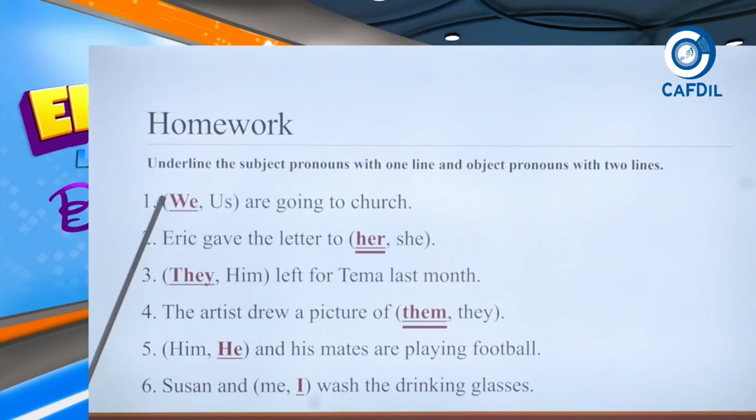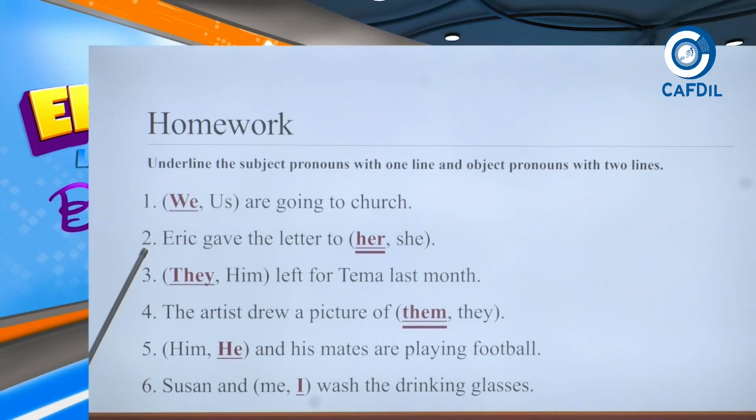Number 1: in the bracket we have we, us, are going to church. Which of the pronouns is the correct one? We. Okay, we are going to church. That is the correct pronoun.